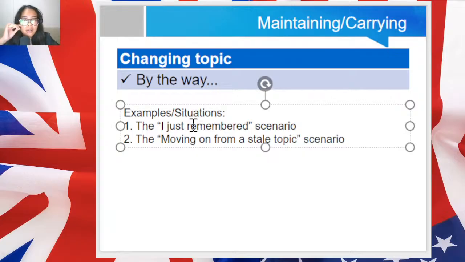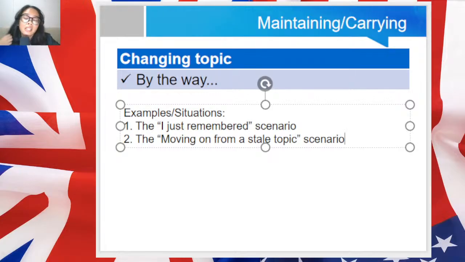Sometimes the conversation has simply run its course. So you have been talking about the same thing for a while and there's nothing new to say. Using "by the way" is a perfect way to shift to a fresh new topic without making it seem like you are bored.